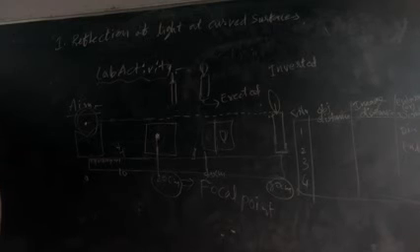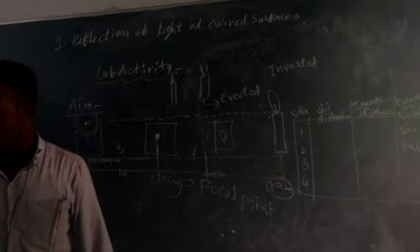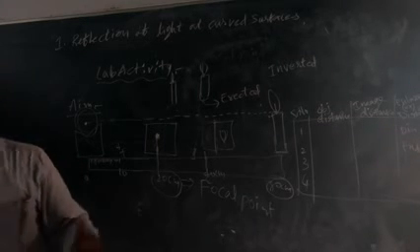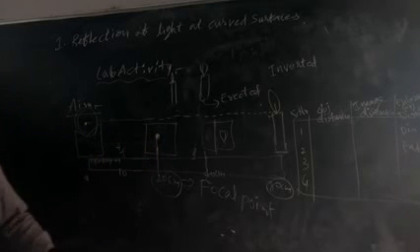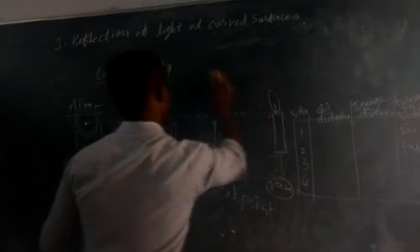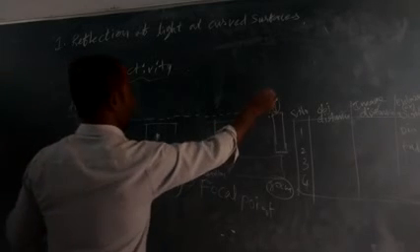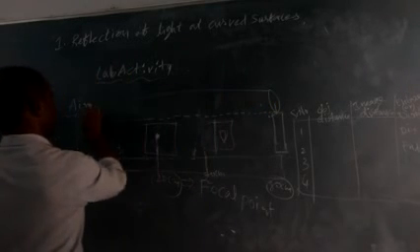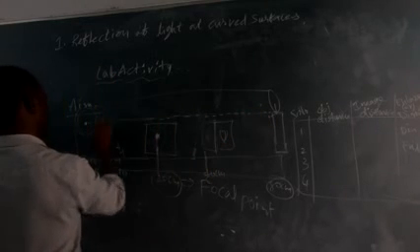And page number 7: the intersection point is the point where two rays intersect. For example, one ray is passing like this, and another ray is coming like this from below.